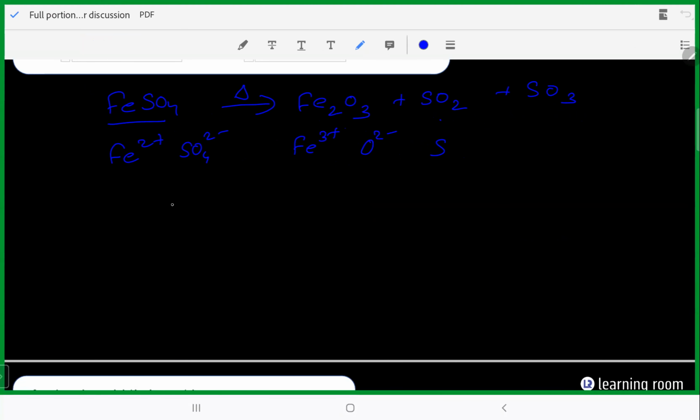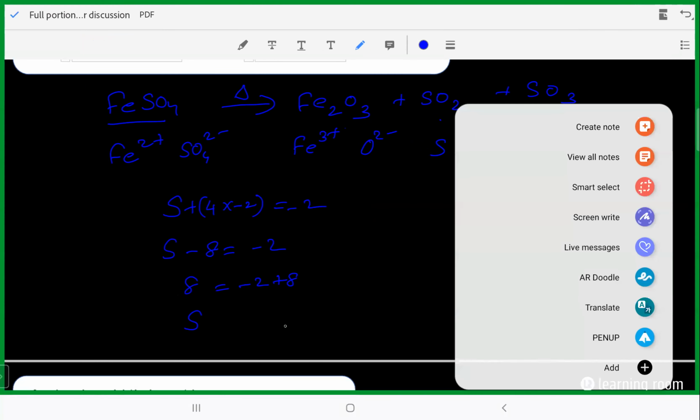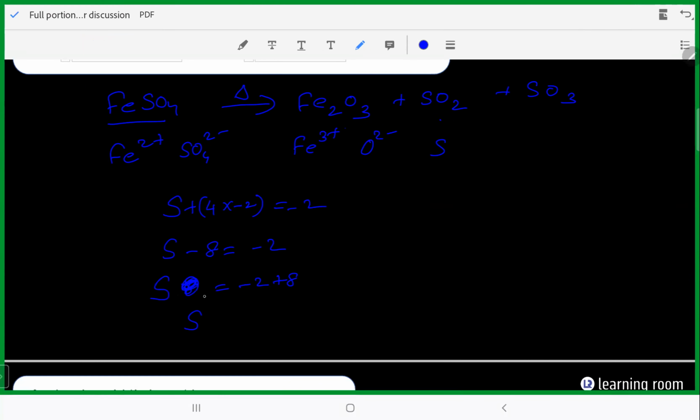Sulfur plus 4 into minus 2, that's equal to minus 8, so it is minus 2 plus 8, which becomes plus 6. Here sulfur is plus 6, iron is plus 2.